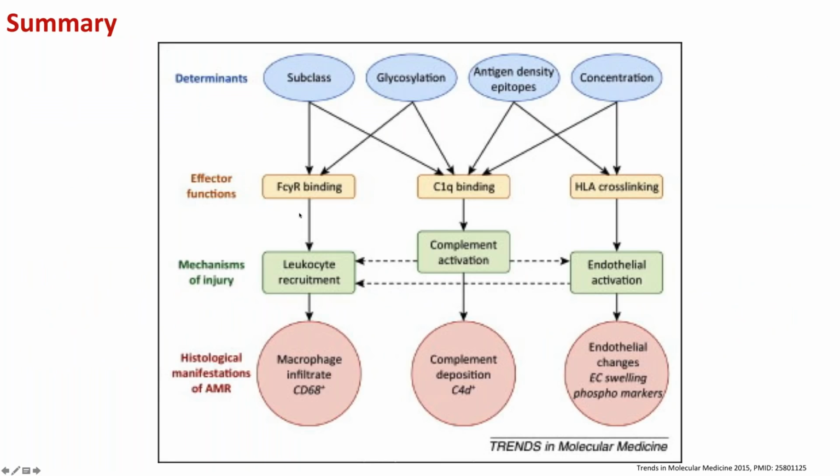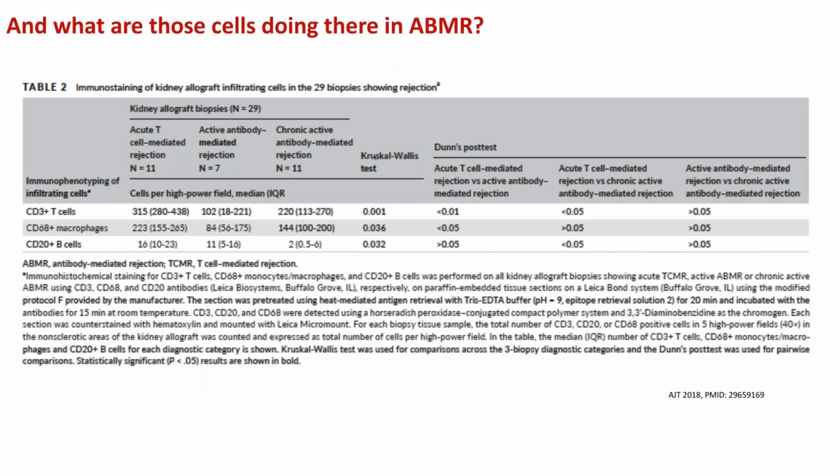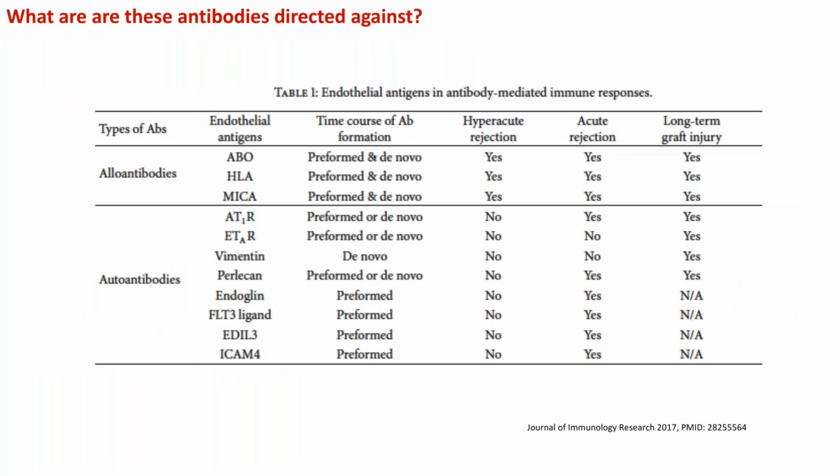Both in terms of, as we saw here, causing endothelial injury and amplifying the inflammatory loop by this ADCC mechanism, cells play a major role. So though the Banff repeatedly says it is an antibody-mediated rejection and a cell-mediated rejection, in reality, the immune system is not that compartmentalized. For an antibody to produce an effect, you need the active help of T cells.